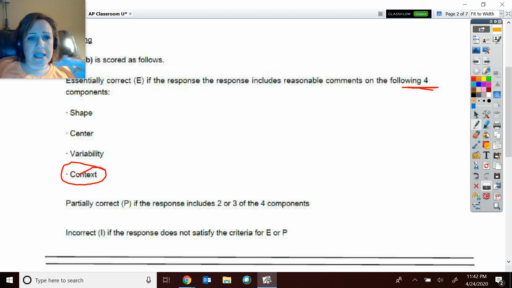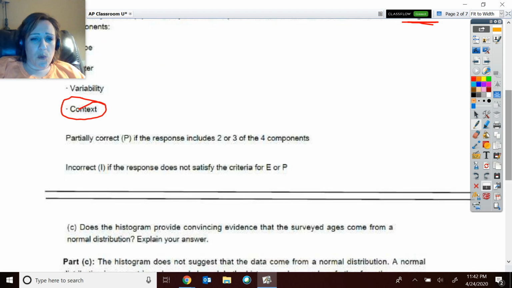Partially, if you only get a couple of those, 2, 3, or 4, but it's not in context or something's missing. You get incorrect if you do not have at least 2 items. That means if you only told me about the shape of it, then you got an I. You missed the whole entire portion for that part B.